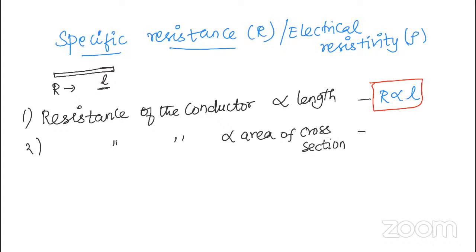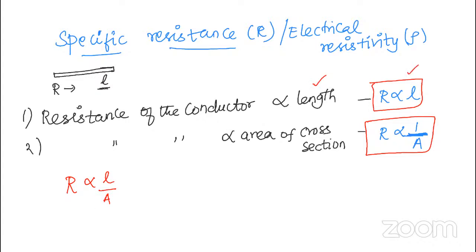So this is one expression. And one more, R is inversely proportional to 1 by A. Now we can connect both and write the equation: R is proportional to L by A. Here L represents the length and A represents the area of cross section.